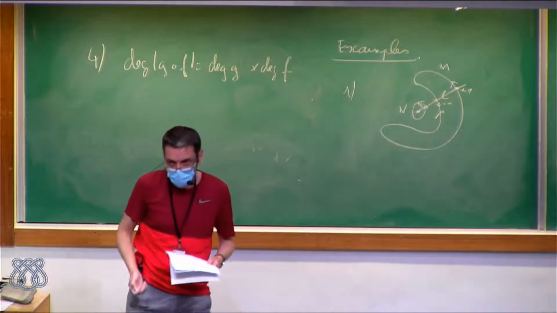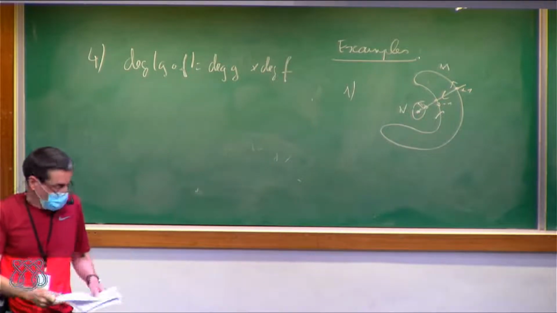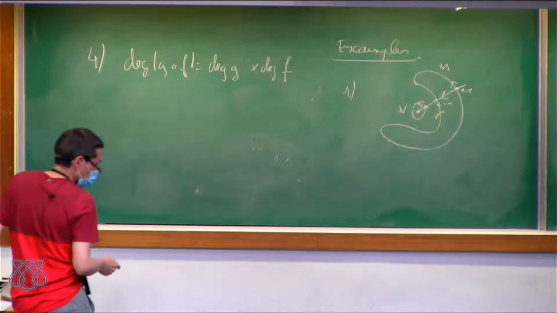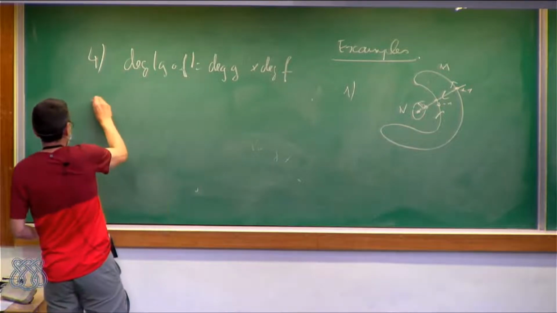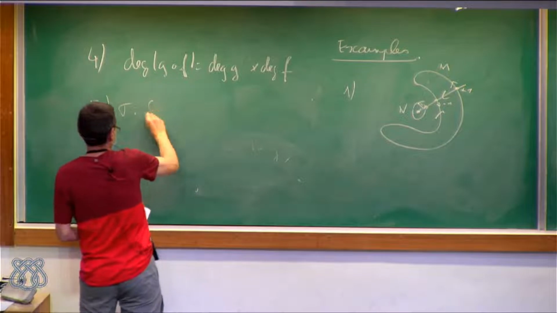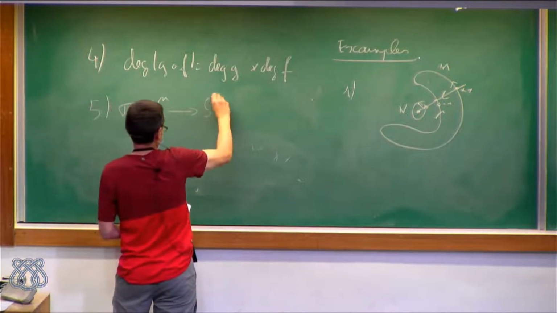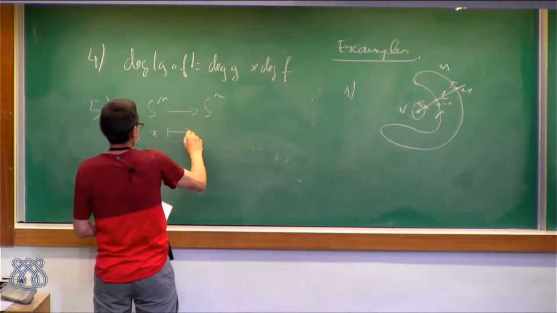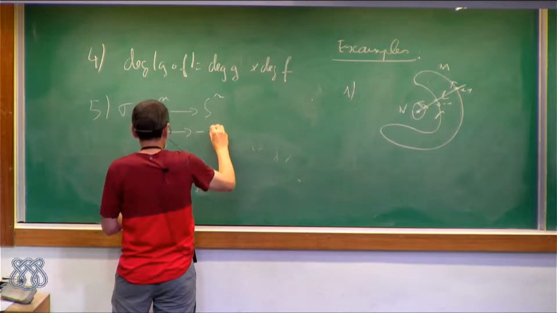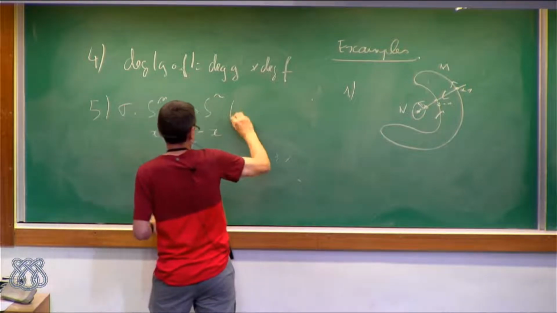It's quite easy from the definition. And so we can deduce the degree of the antipodal map. This is a map from Sn to Sn that sends x to minus x. So this is the antipodal map.